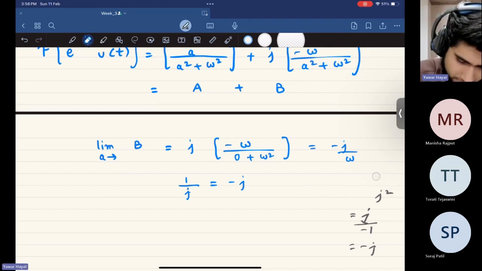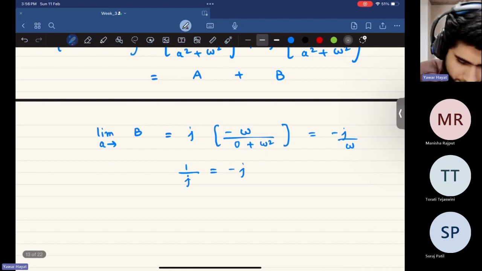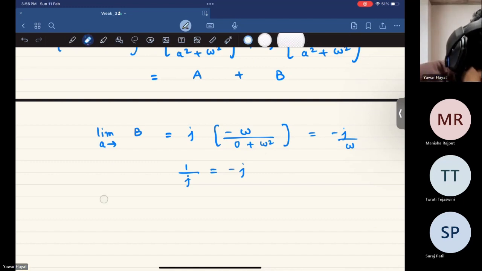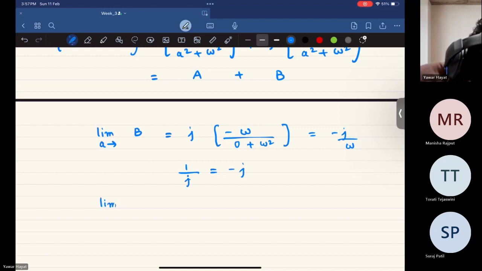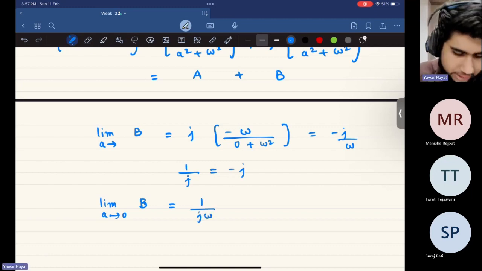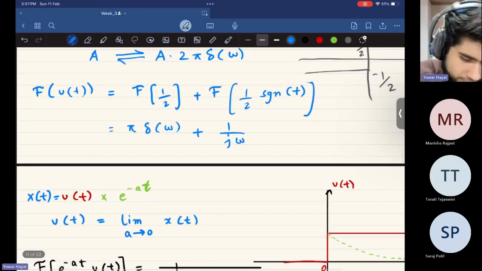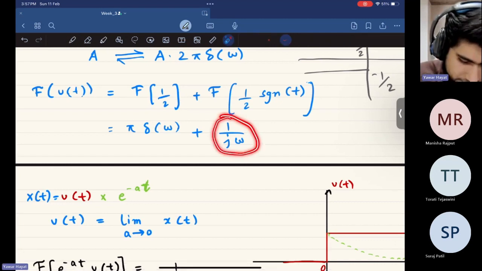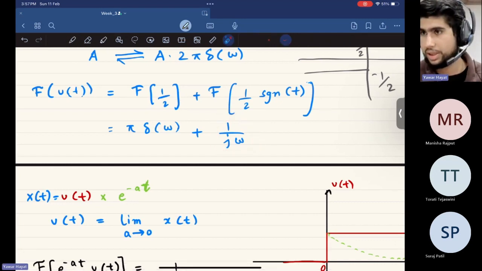We know this 1 by j is minus j. So minus j is 1 by j. So in the limit a tends to 0, the B should be 1 by j omega. Looks like we have obtained the part of this answer, right?